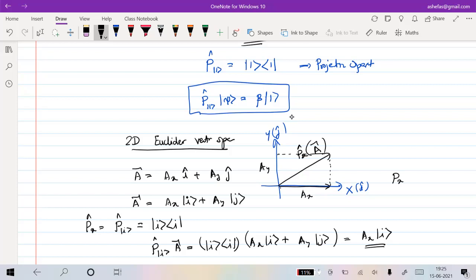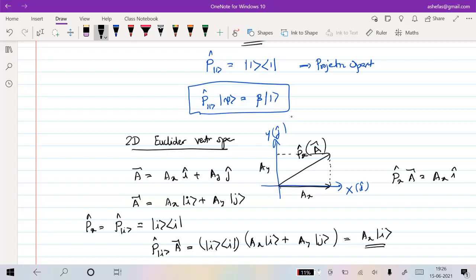The projection operator Px on vector A would give Ax i. We'll get only the x component vector, or it gives the projection of that vector along the x-axis.